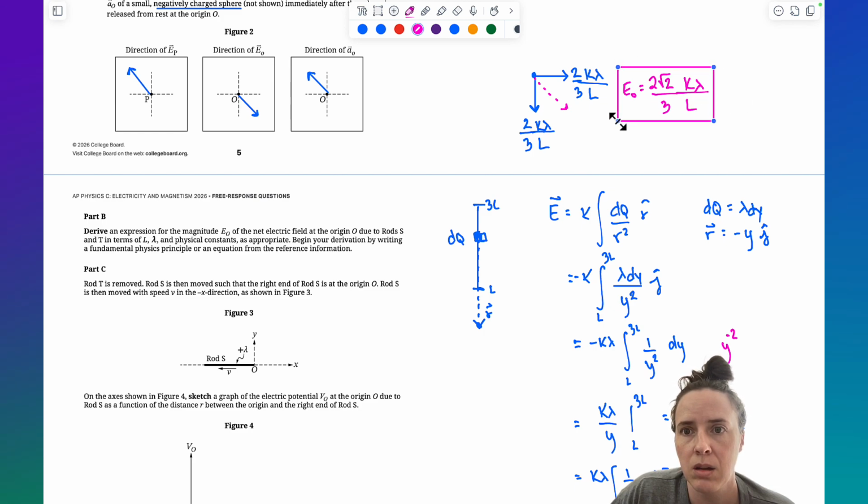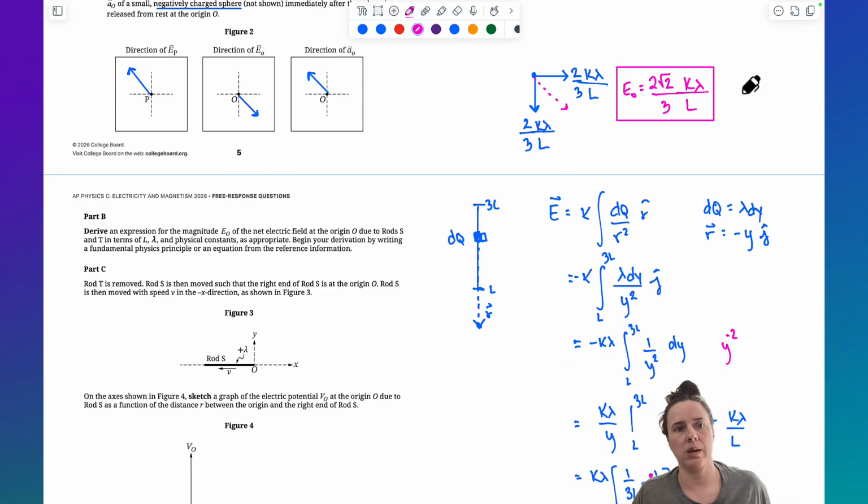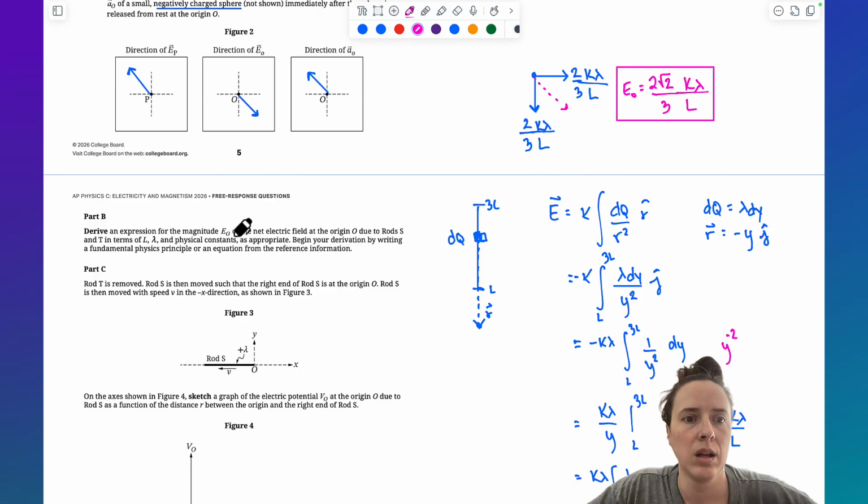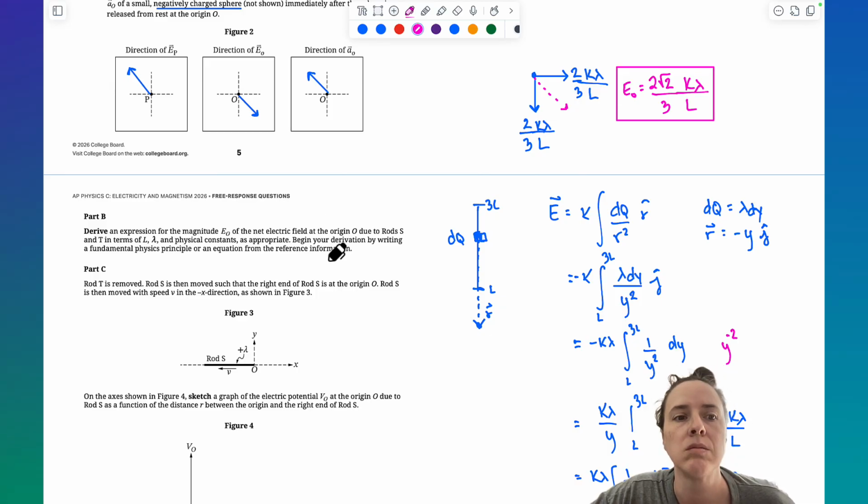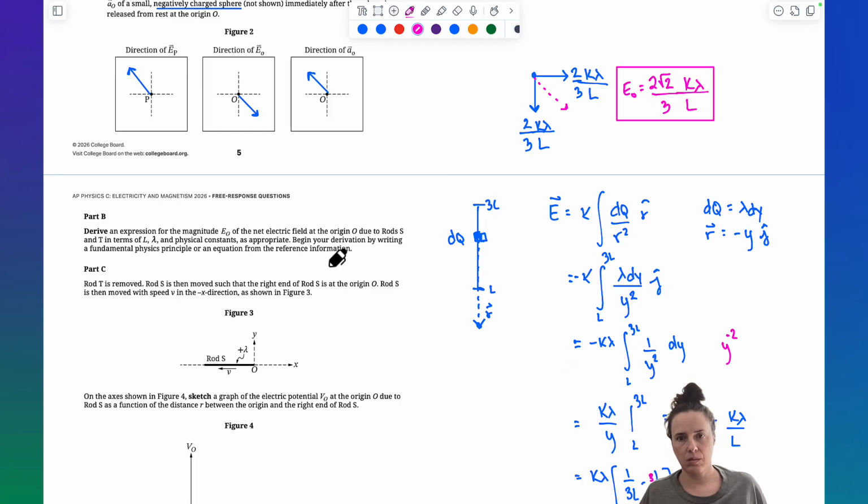All right, so 2 root 2 over 3, k lambda over L. That is our magnitude E naught for the net electric field at the origin due to rods S and T. Nice. Okay.